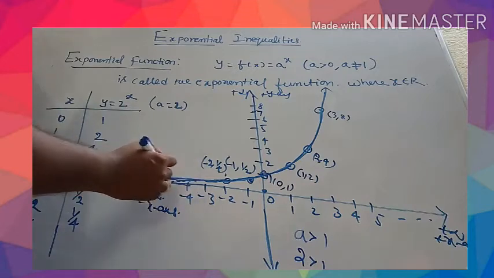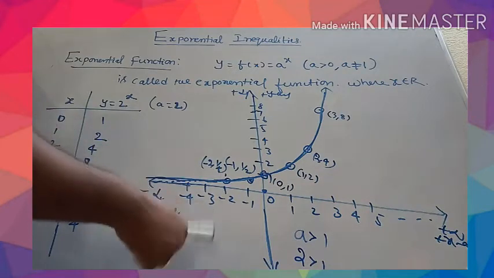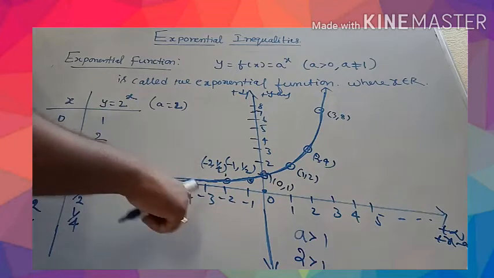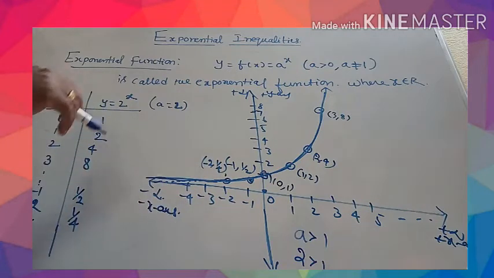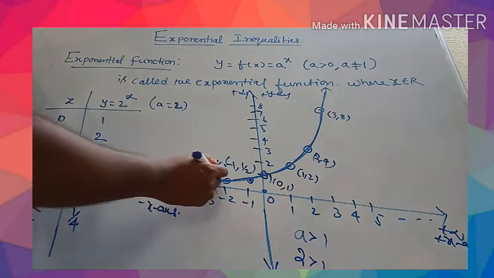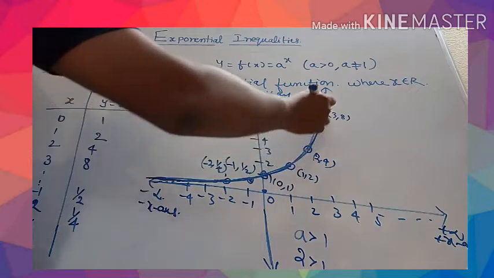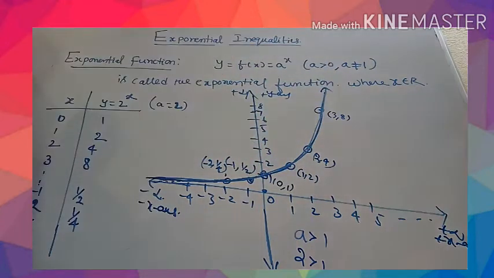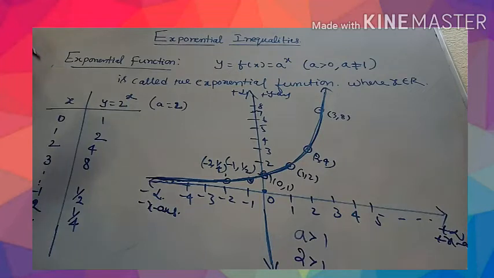It will never take negative values; the output values are always positive. That's why it is above the x-axis, and it rises towards infinity. This is the graph of the exponential function a^x when a is greater than 1.